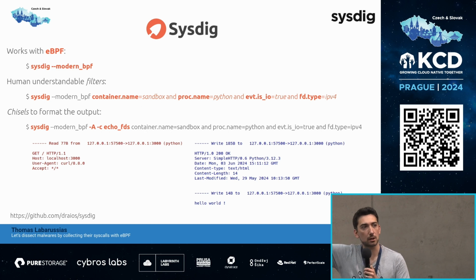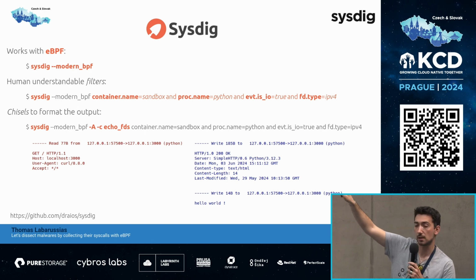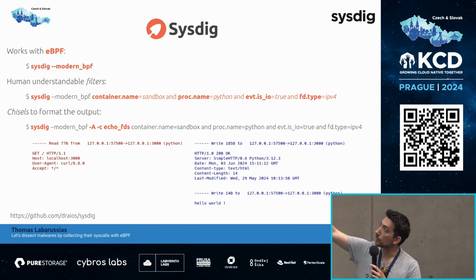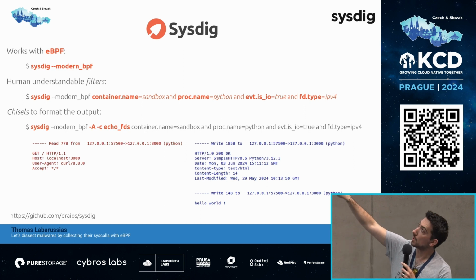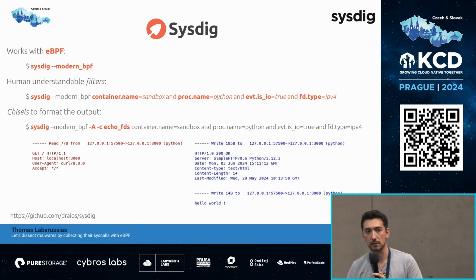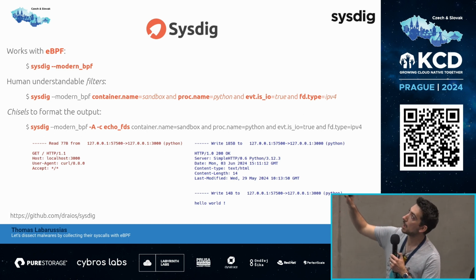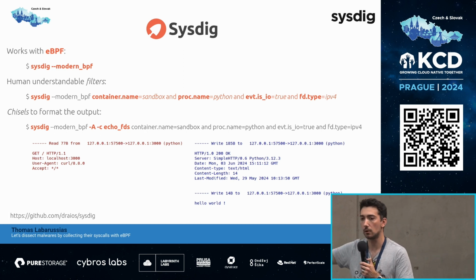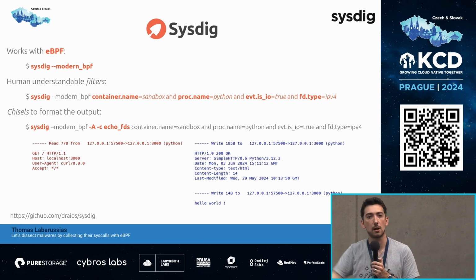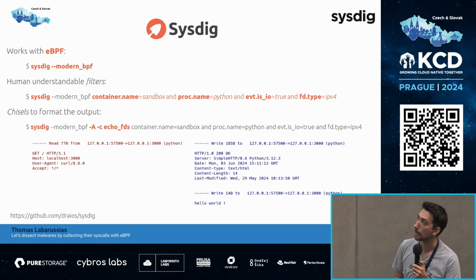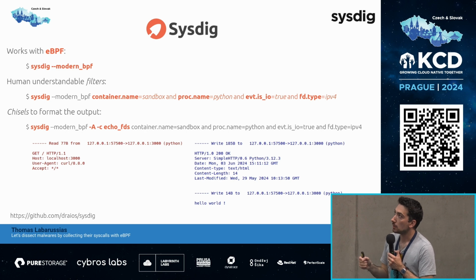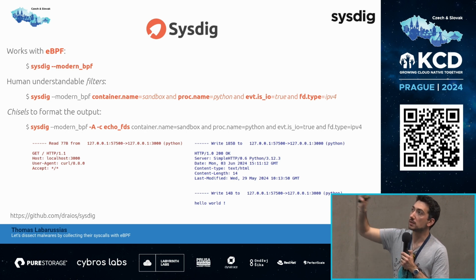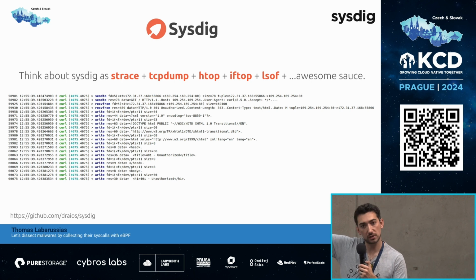I will focus on the container named, in that case, sandbox, on the Python program, and I will only consider input-output, basically read or write from a file, from a socket, network or Unix. And in that case, I will only consider file descriptors which are IPv4, so basically I will just consider network I/O. Easy to read, easy to understand.